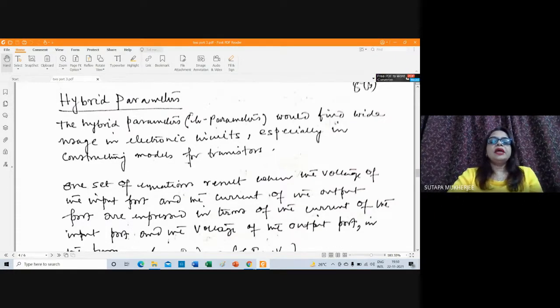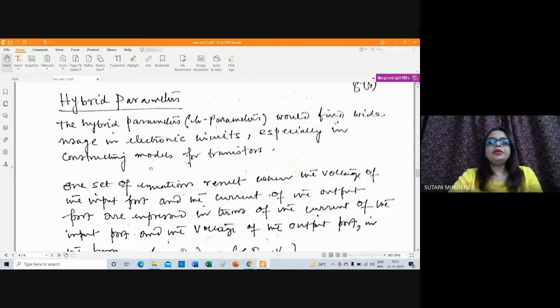So like ABCD parameter, hybrid parameters are represented by h parameter, small h, that find wide use in electronic circuits. I think you are acquainted with hybrid parameters in analog circuit. Am I right? Abhishek, have you studied hybrid parameters in analog circuit? Yes, ma'am.